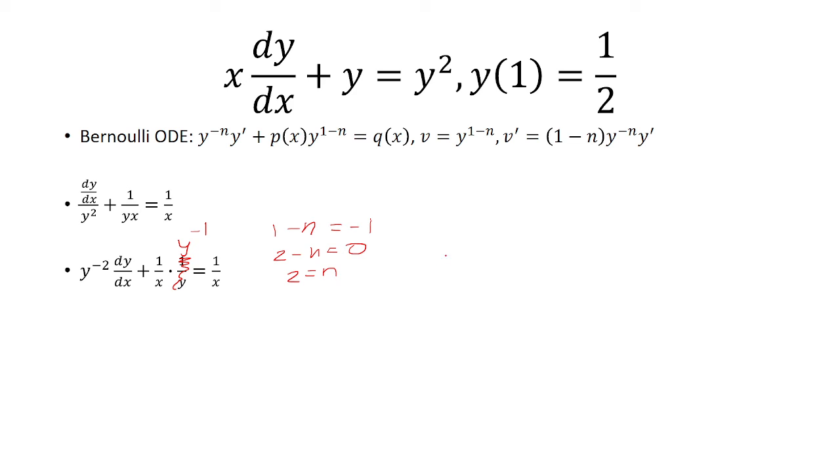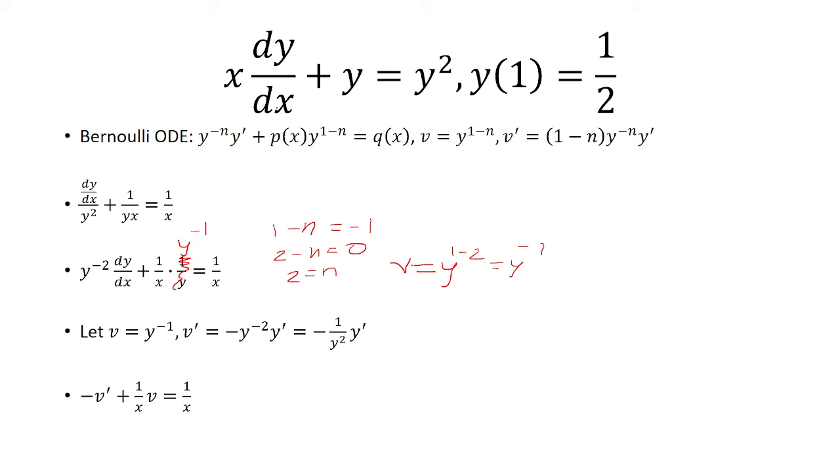Then v will be y to the 1 minus 2 power, which is y to negative 1. So v prime is the derivative of y to negative 1. You can use this formula if you want, or just take the derivative. And so you get negative 1 over y squared times y prime.